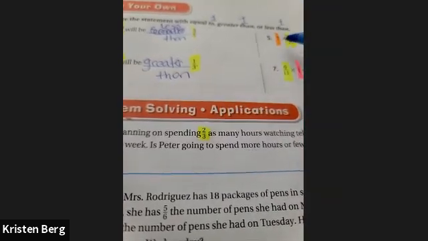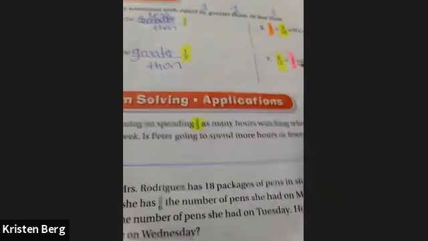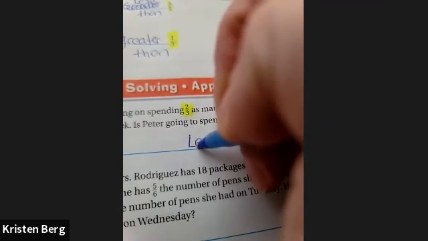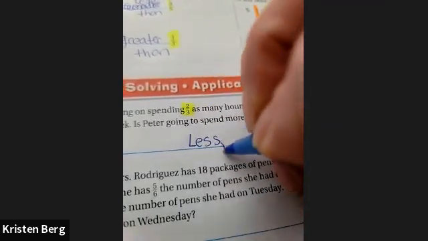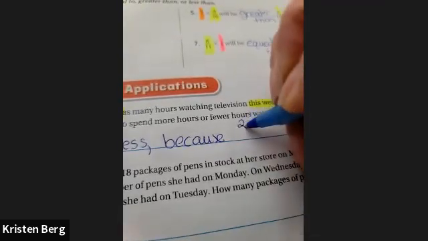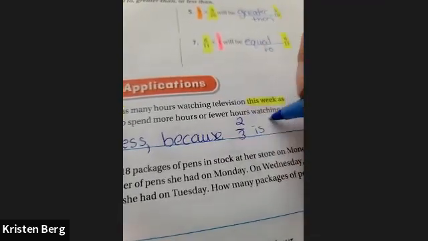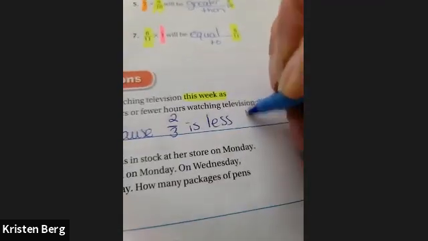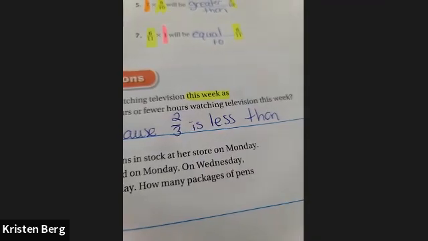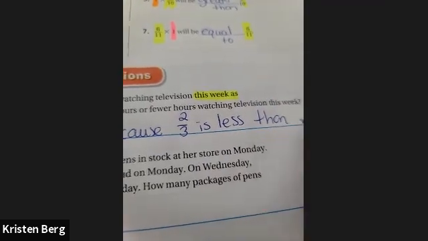Well, you guys should be saying that that is a proper fraction. So therefore, if it's proper, it means it is going to be less, because 2/3 is less than 1 whole. So the answer should be less than.